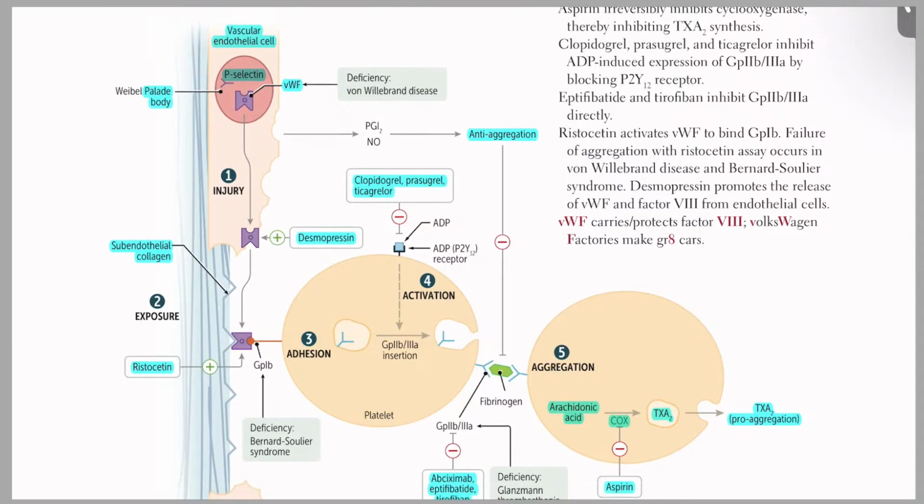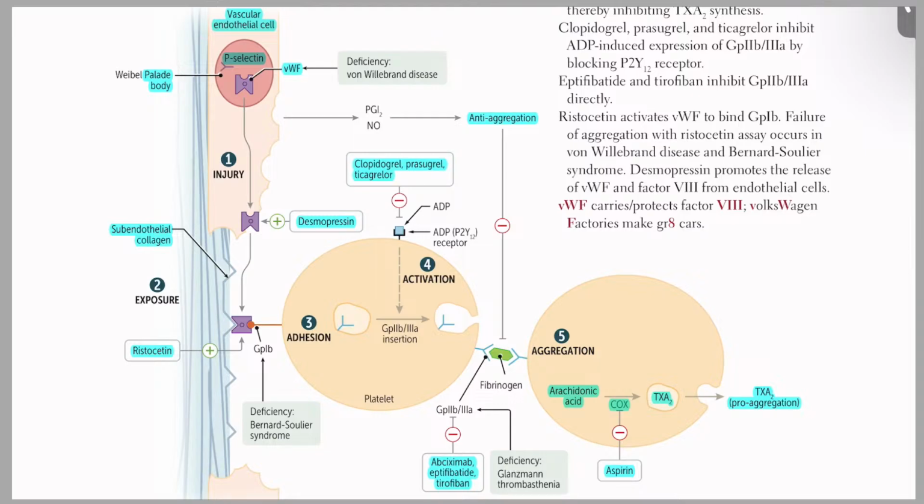Okay, let's see the diagrammatic representation. Vascular endothelial cell, P-selectin, von Willebrand factor receptor, deficiency causes von Willebrand disease. Weibel-Palade body, P-selectin. Injury, first injury, PGI2, nitric oxide.